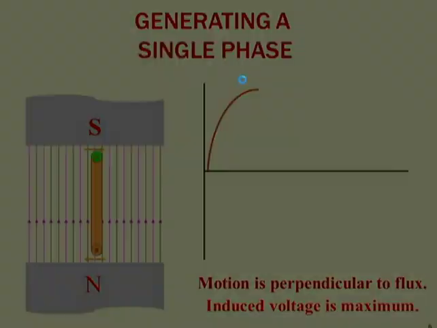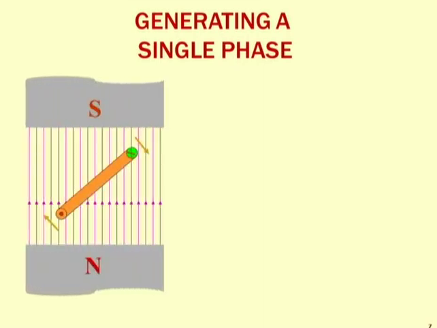This was the position of the conductor at an angle equal to 90 degrees. Now we are going to further check the induced EMF in a conductor with different movement of the conductor. Again, there is no change in the position of the north and south pole, because in this case we are assuming that the magnetic field is stationary and the conductor is moving.